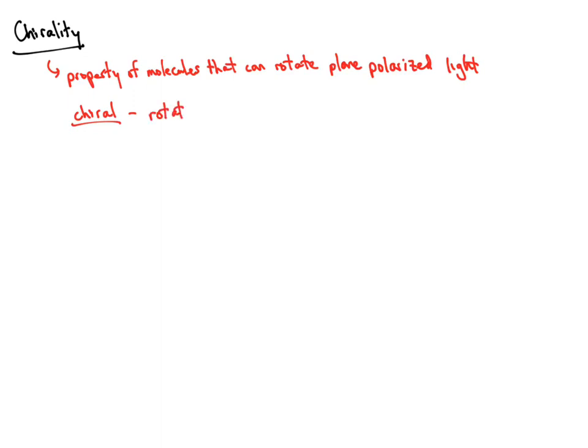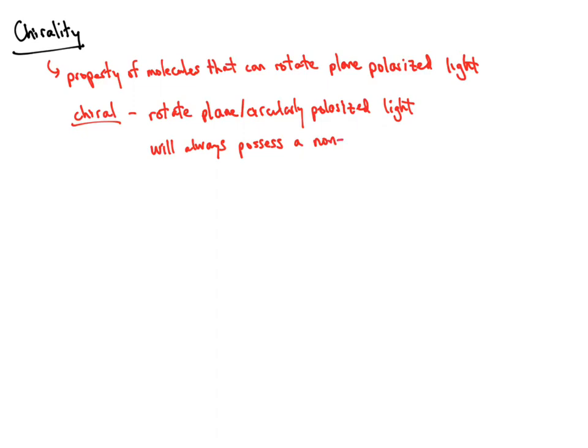And so it can rotate plane or circularly polarized light, and while we might not be able to predict that particular property, something that is chiral will always possess a non-superimposable mirror image.